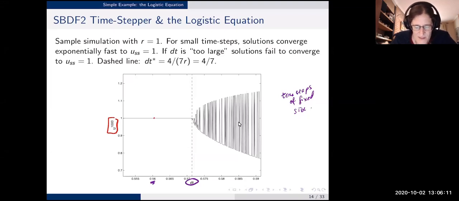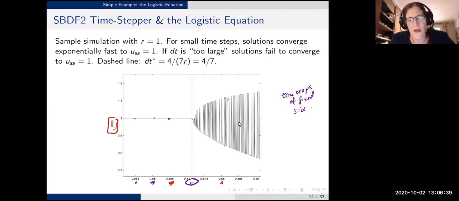If I take a time step of size 0.565, the 1,000th iterate is very close to 1. If I take a time step of size 0.55, the 1,000th iterate is very close to 1. But then there's a transition, and if I take a time step size of 0.58, then the 1,000th iterate is one or the other of these two.